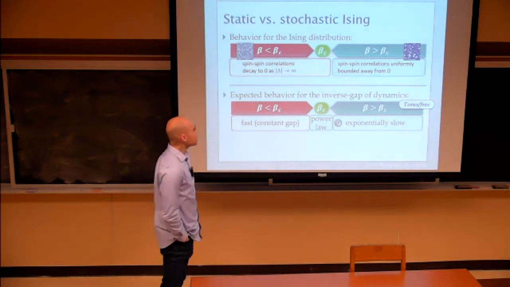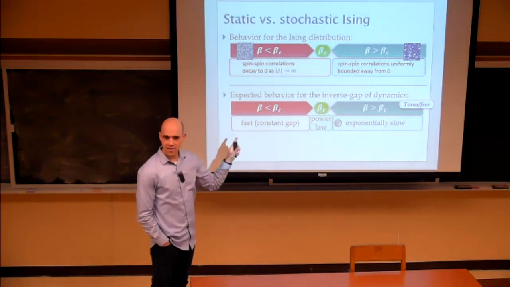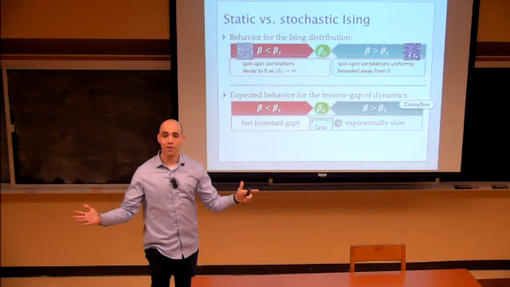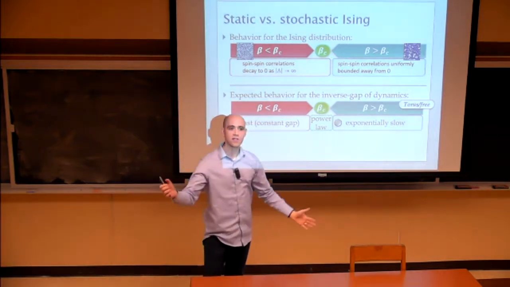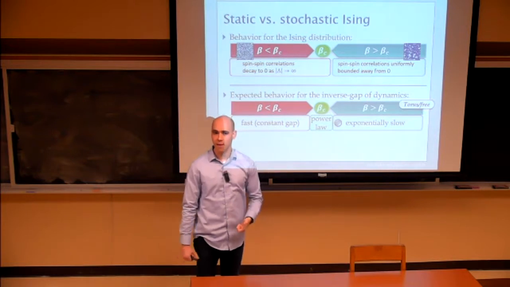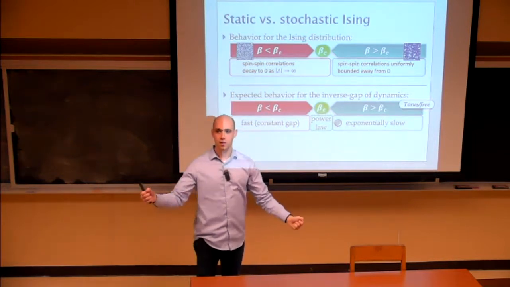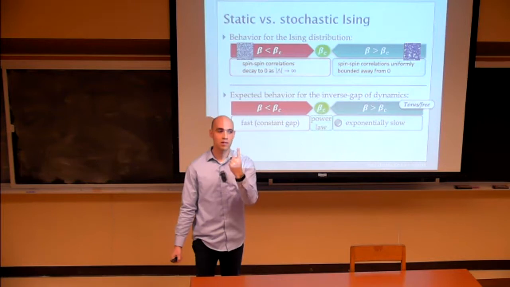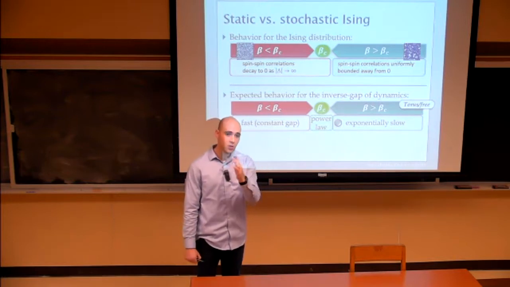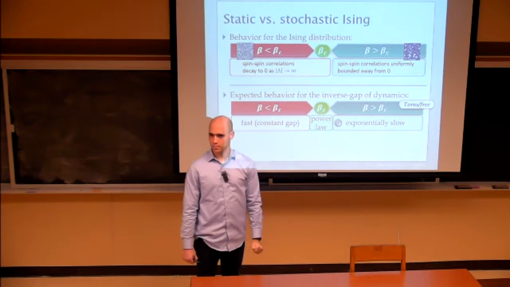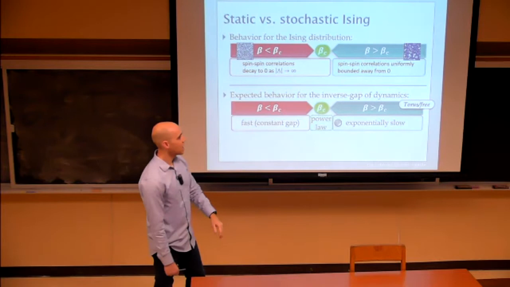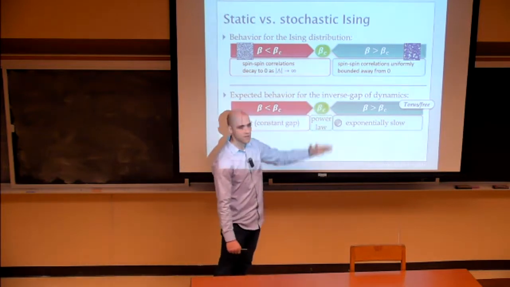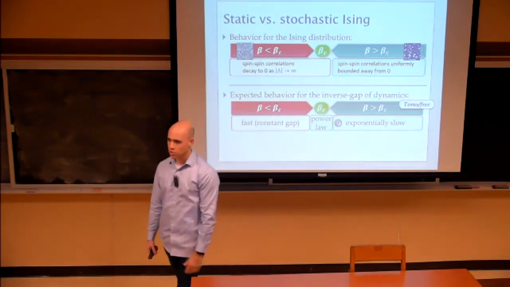The expected behavior for the dynamics: you can measure convergence to equilibrium in many ways. One of them is just to think about this as an operator and look at its spectral gap. As just a stochastic matrix, it has an eigenvalue of 1 that is trivial because it's stochastic, and you look at the second eigenvalue. And you measure how big that gap is, and the inverse of the gap is often called the relaxation time.